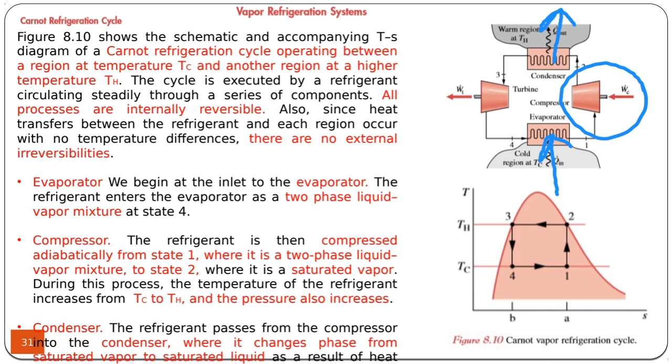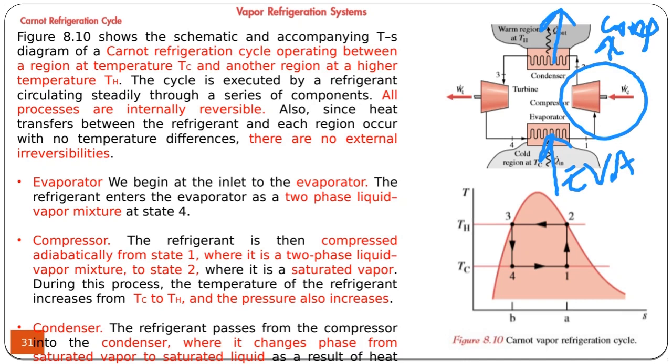So you have four elements here also. One element is the evaporator, where the heat is removed. This is inside the refrigerator. You have a compressor always, where the energy is input into the fluid.